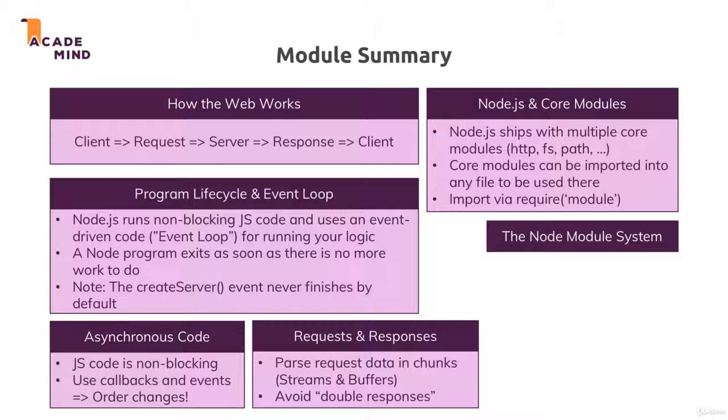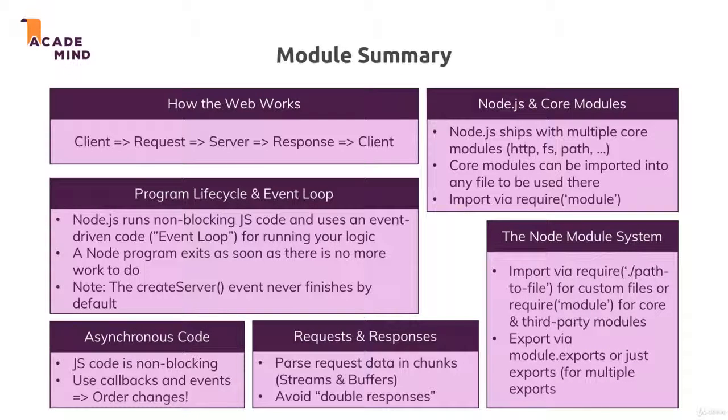Now that leads us to the Node module system, and this basically works with the help of this require keyword, which pulls some functionality from one of our files if we start with / or ./, or from a core or third-party module. We haven't used any third-party modules thus far, but we'll also do that soon.